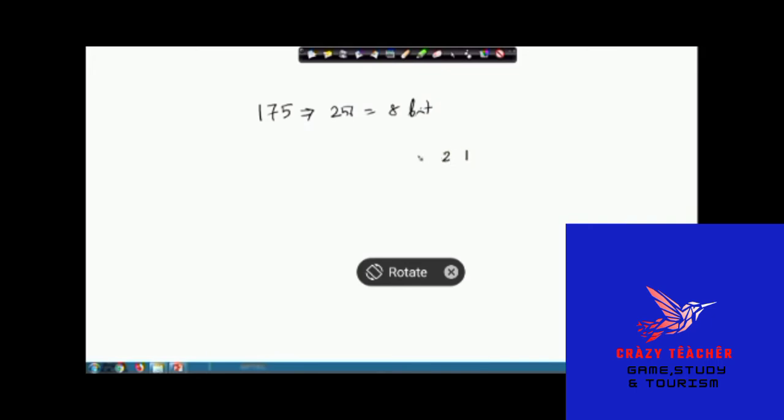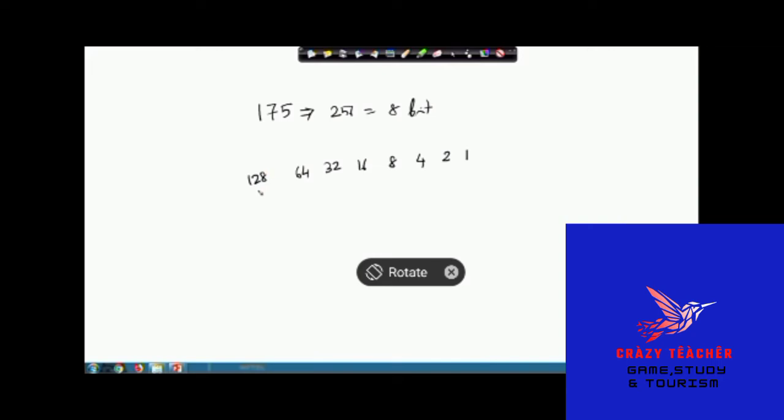So the value of n will be the next power of 2 after 136. Okay, so the next power of 2 is 256, that is n equal to 8. So I will need an 8-bit number system to represent 136.